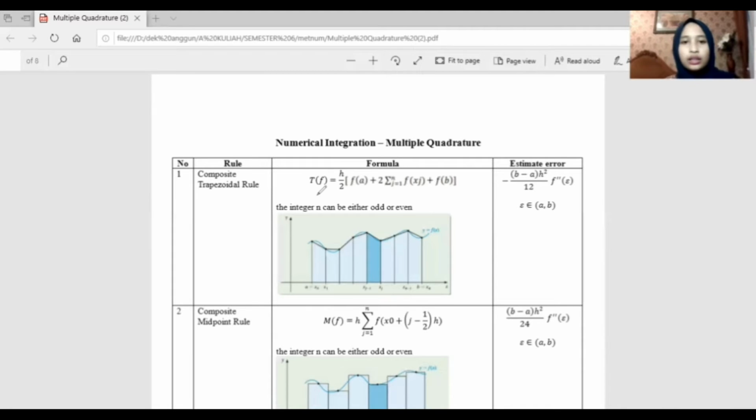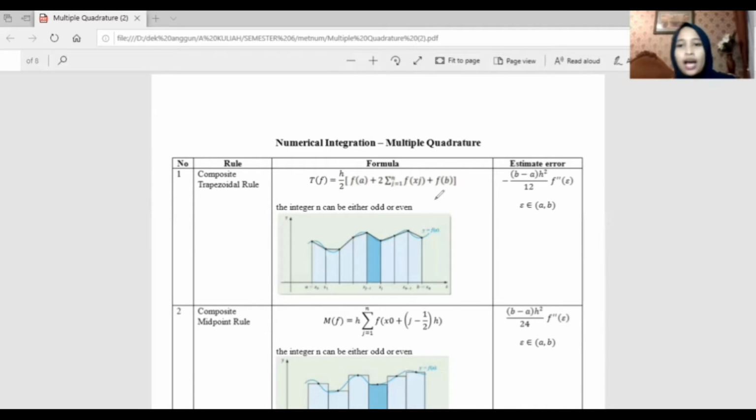So, the composite rule: we have the composite trapezoid rule. We have TF as a code. TF equals h/2 times the function of a plus 2 sigma j equals 1 to N of the function of xj plus the function of b.